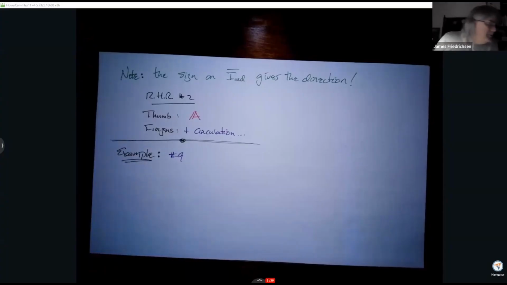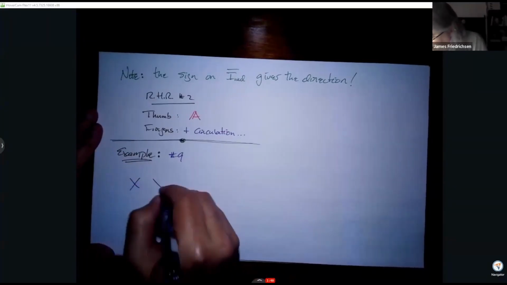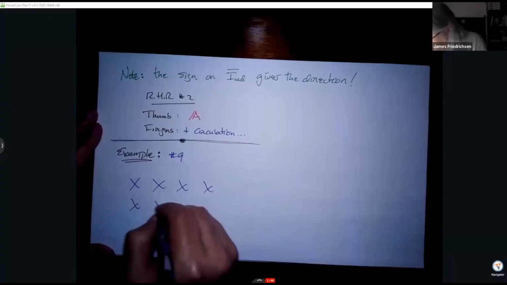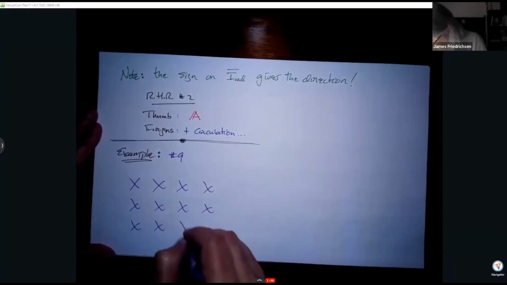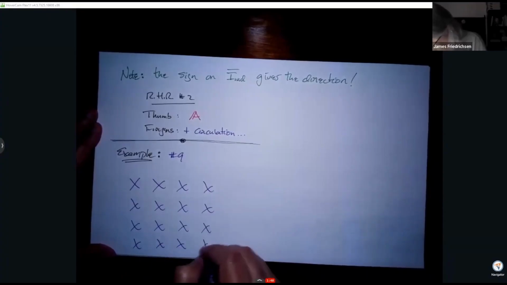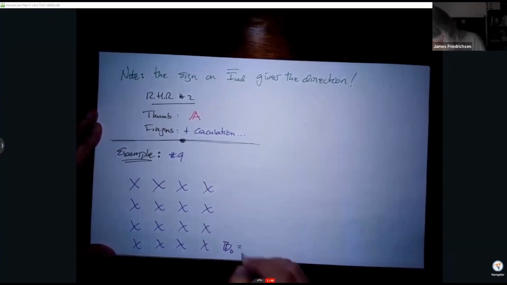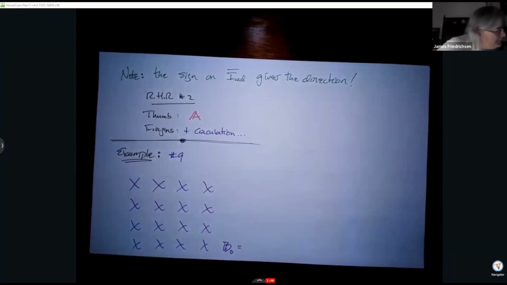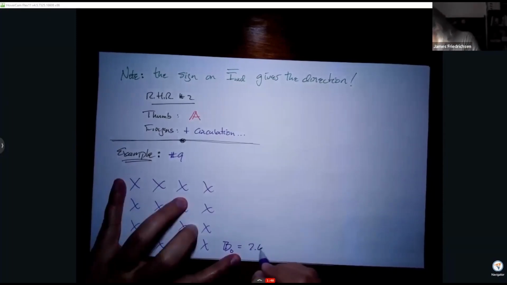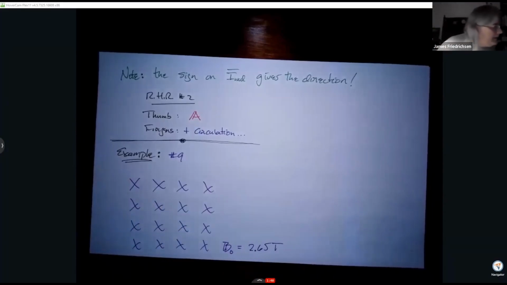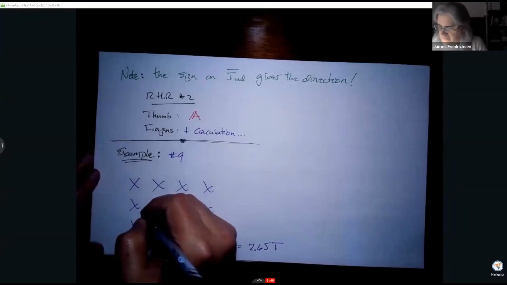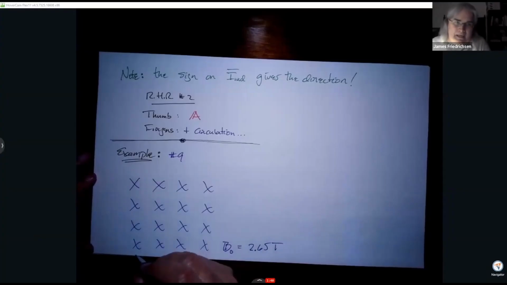So let me draw the picture. They have the magnetic field going into the page. And they said initially the magnetic field was 2.65 Tesla. And then we have, now this is important, a 30 by 60 rectangular circuit loop. So it's a loop. How many turns are in a loop?